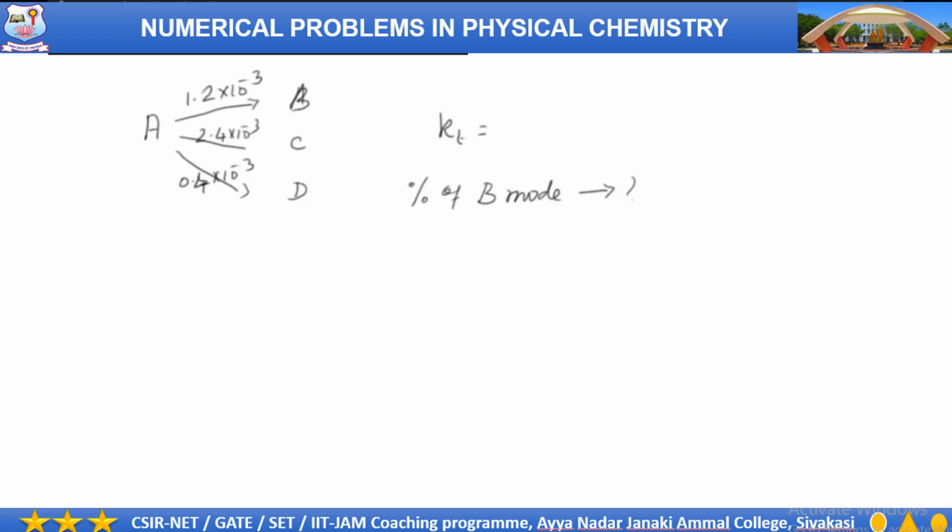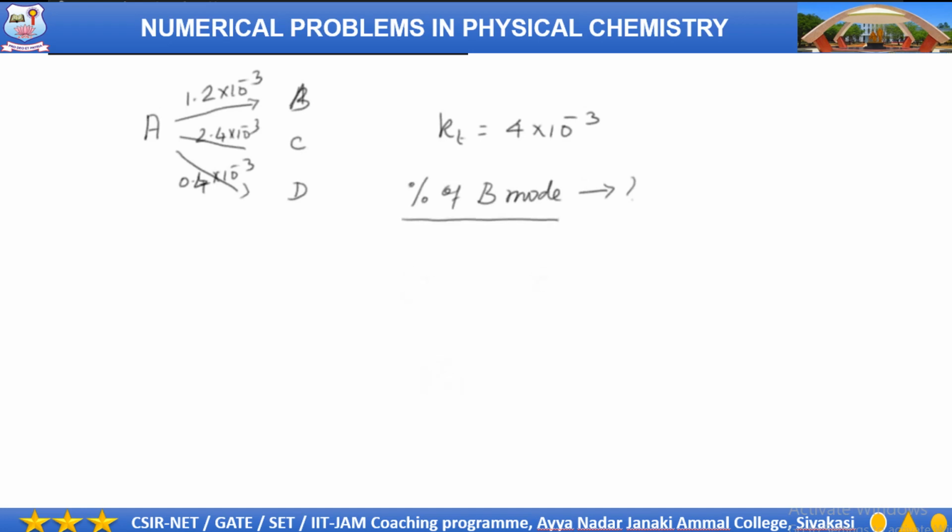First, find out the KT total, the sum of all these. Summing up, you will get 4 into 10 power minus 3. Do you follow this? And what is the percentage of B mode?